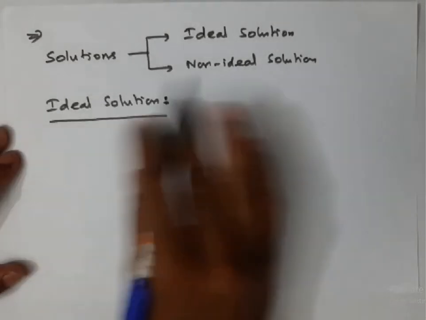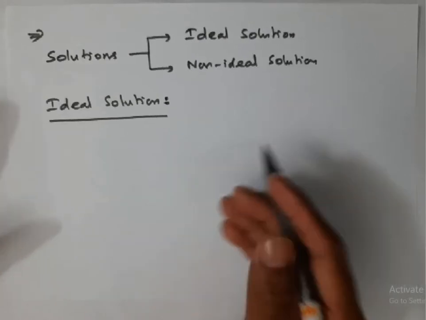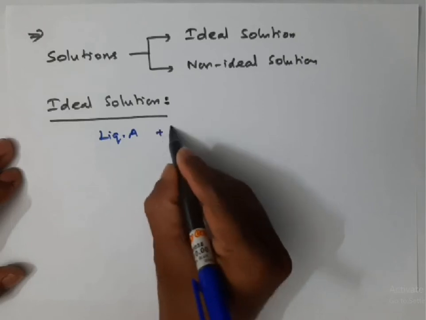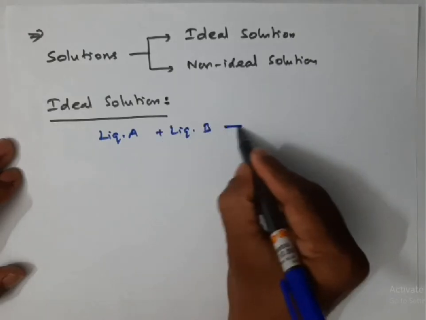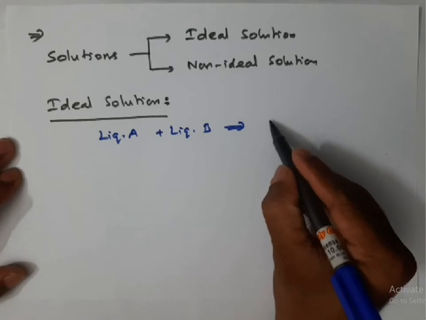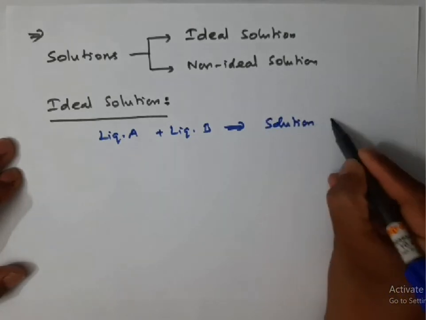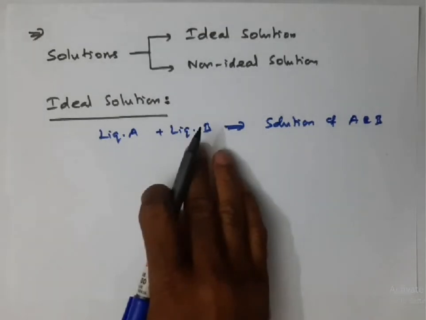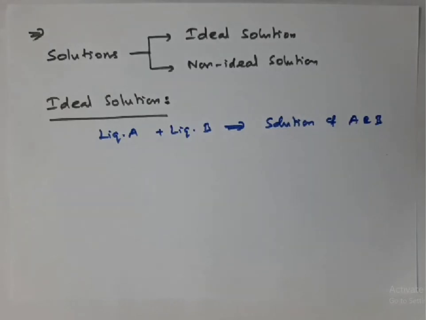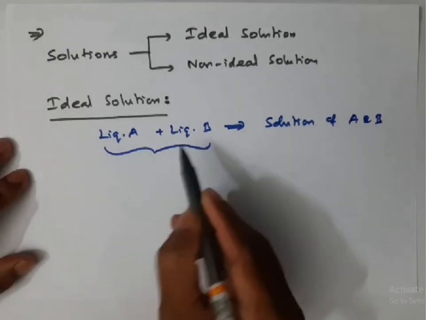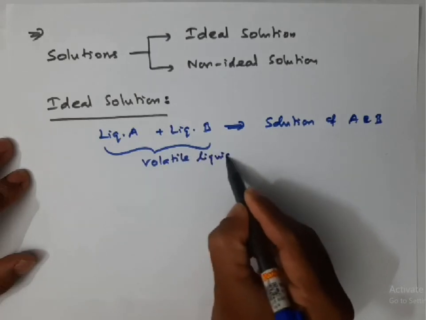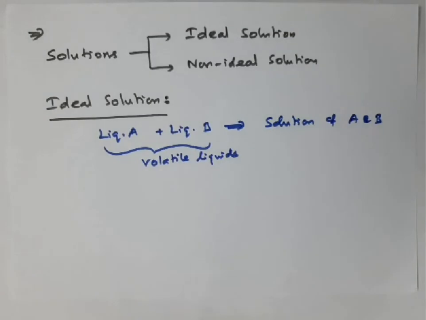Suppose I take two liquids A and B and mix them, so that I get a solution of A and B. And assume that both are volatile liquids. Volatile means it will become vapor readily. That's the meaning. Both are volatile liquids.